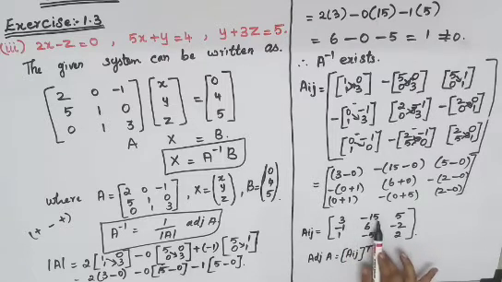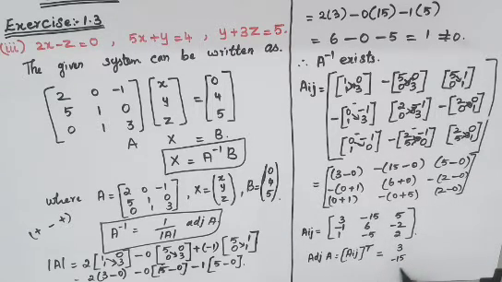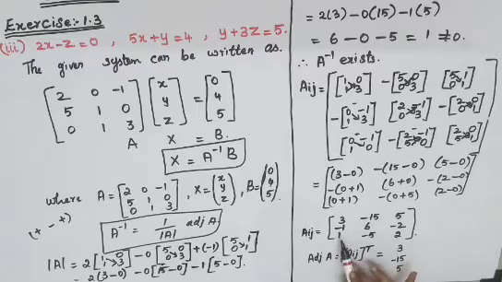So 3 minus 15, 5. Second row, minus 1, 6 minus 2. Second column it will become 1 minus 5, 2. So that will become third column. So this is your adjoint of A.